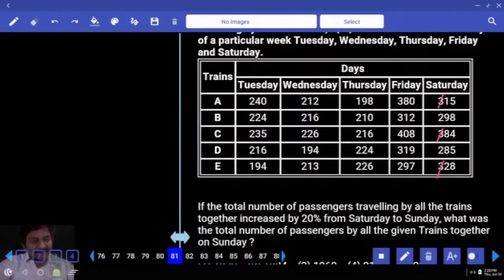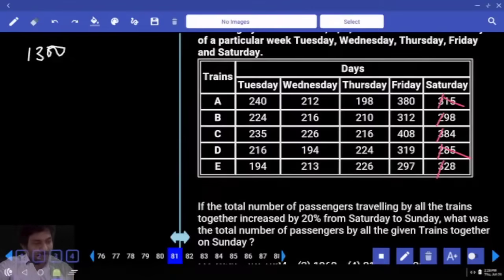300, 300, 300. 200, 200. 900, 400, 1300. Next. 85 plus 15.